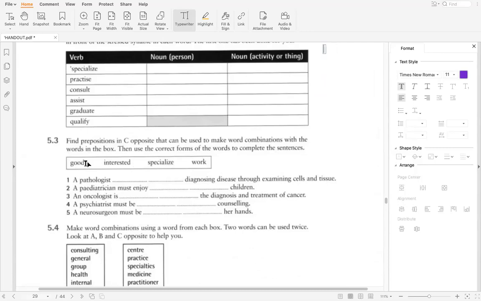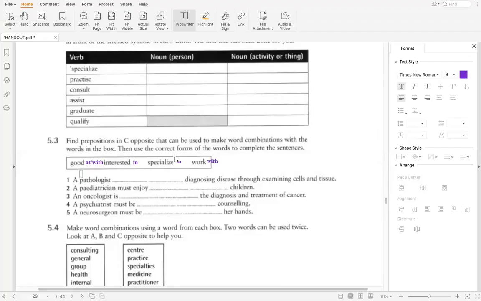With good, we can say good at or good with, right? With interested, we say interested in. Specialize, we say specialize in. Work, we can say work with. And after with comes a person, like with old people.